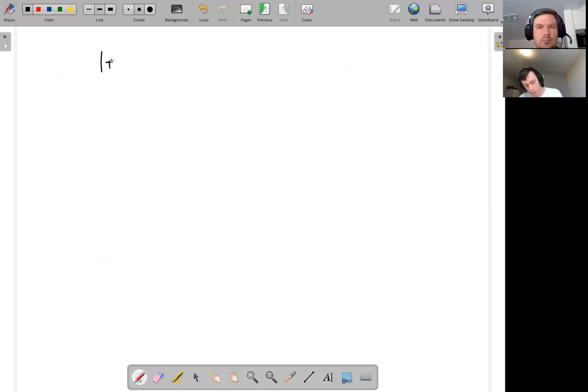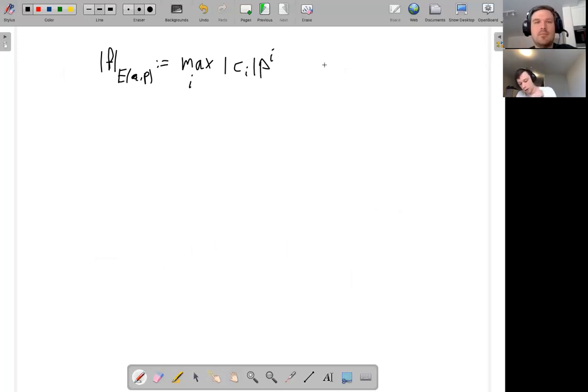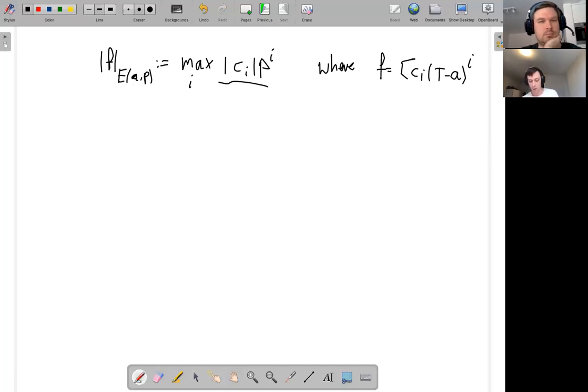We define the norm of f that we obtain from this disk to be, by definition, the maximum over the coefficients, where we expand f as a power series around the point A. We get coefficients, and then you take this maximum.